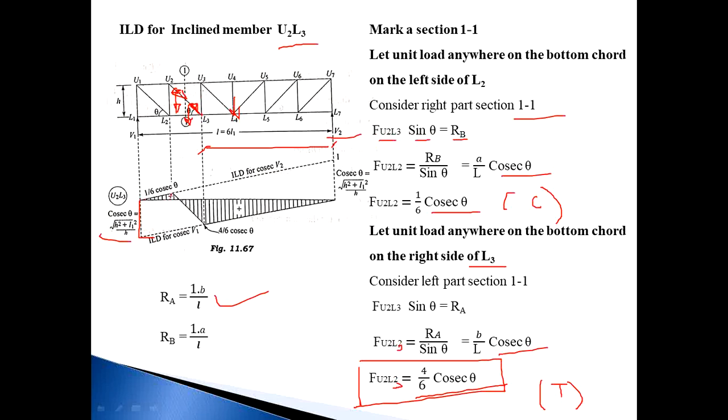So at point U2 or L2, it will be 1 by 6 cosec theta, and at point L3 it becomes 4 by 6 cosec theta. Join by using a straight line. Above the baseline it will be compression, below the baseline it will be tension. So this is the solution for ILD for trusses.